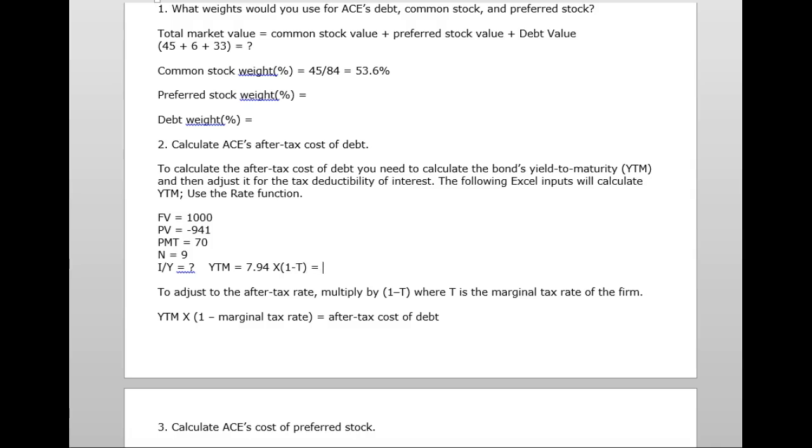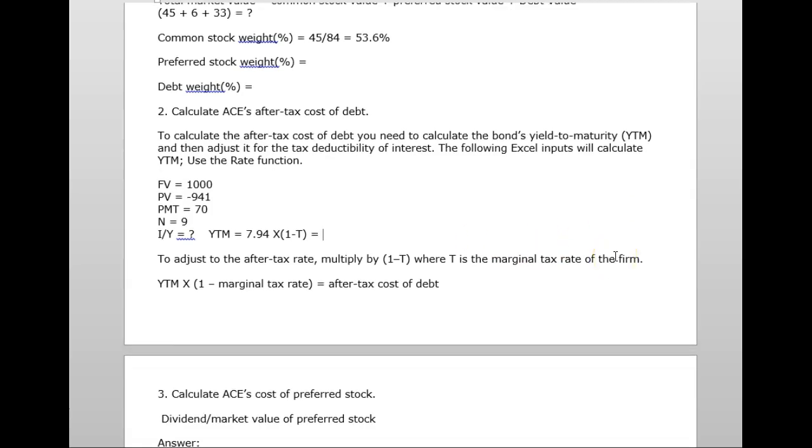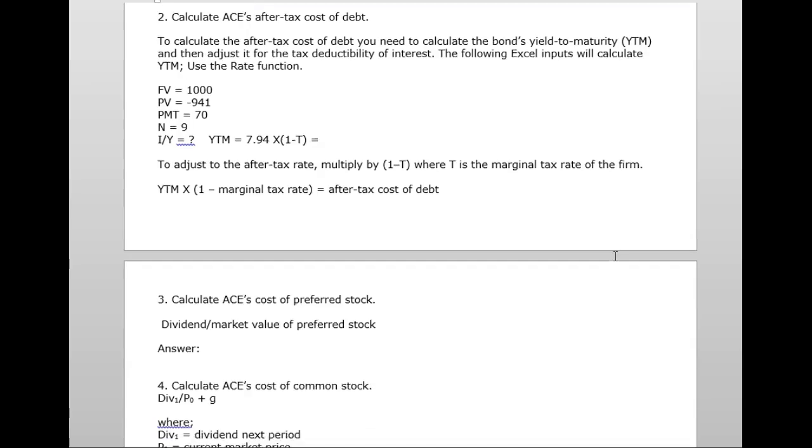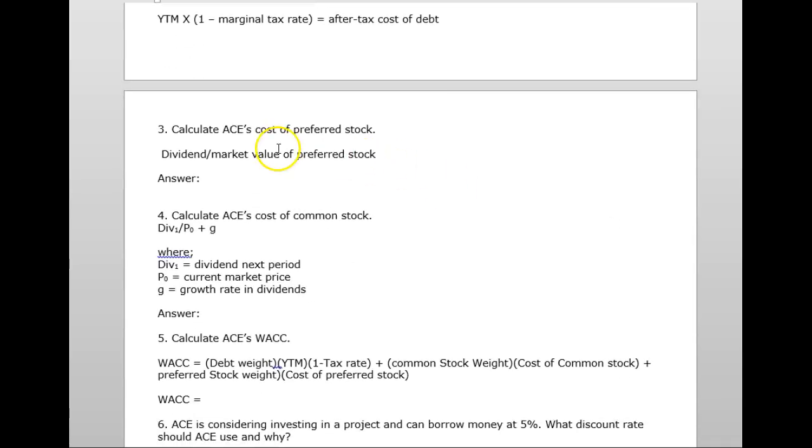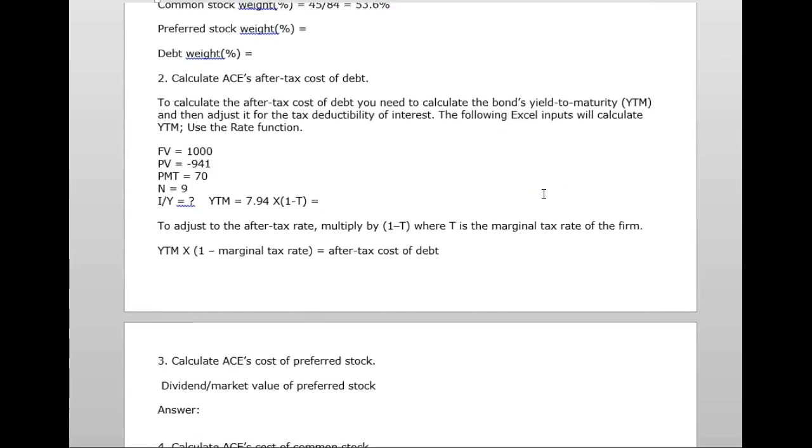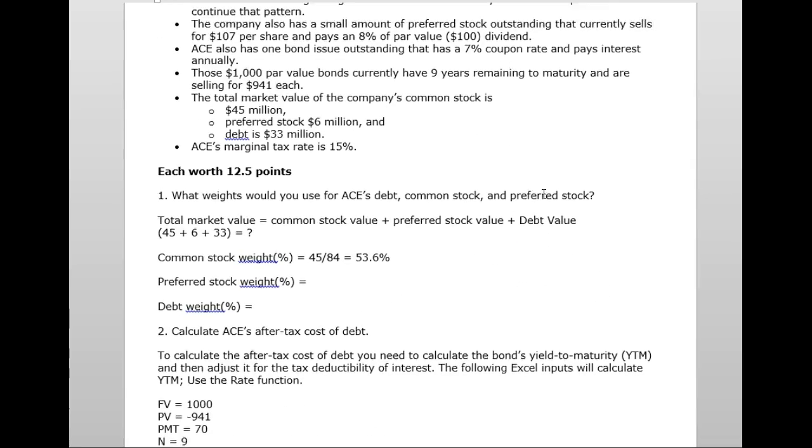And that's going to give you the after-tax interest percent that you want. So hold that one in. Don't lose that. Now you're going to calculate the cost of preferred stock, which is really very, very easy at this point. You have all your information.